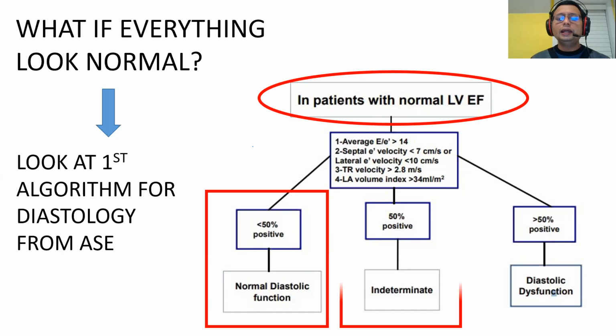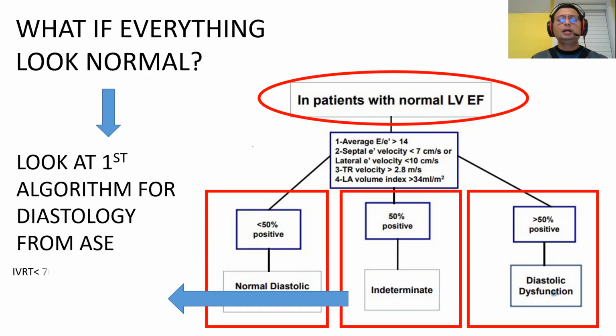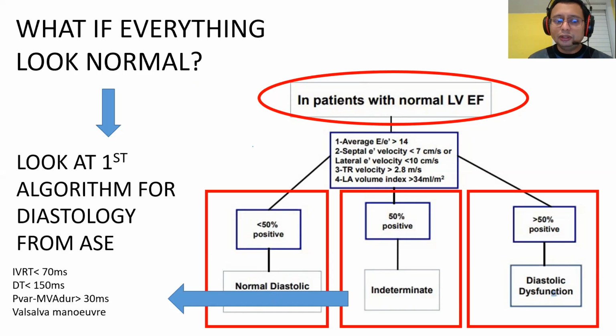Those other features are IVRT less than 70 milliseconds, that is really abnormal; deceleration time less than 150 milliseconds; pulmonary vein A reversal minus mitral valve A wave reversal more than 30 milliseconds; the presence of positive Valsalva maneuver or L wave. So if you have these criteria, rather than indeterminate, you can then say the patient has diastolic dysfunction. And you can then go to algorithm 2.